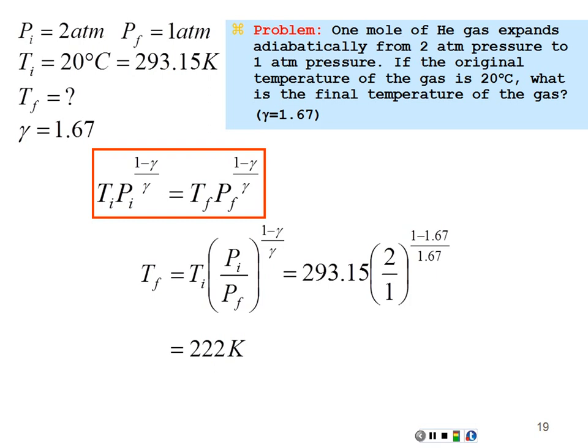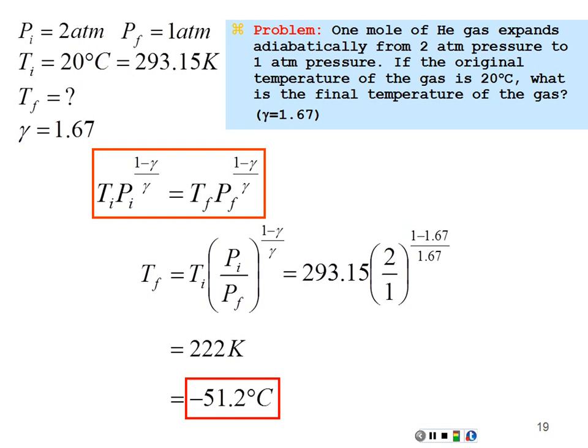If you do that on the calculator, it's going to give us 222 Kelvin, which we can convert back to Celsius. Subtract 273.15 from that, and we get negative 51.2 degrees Celsius. So that will be the final temperature of our gas.